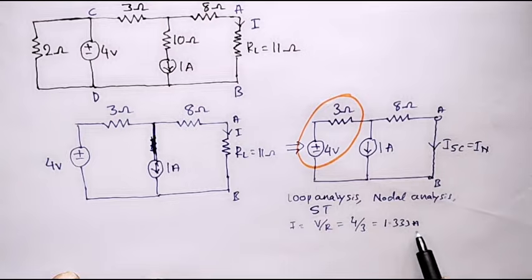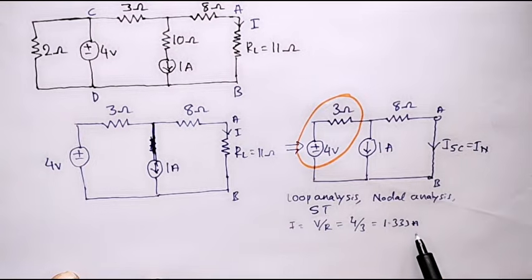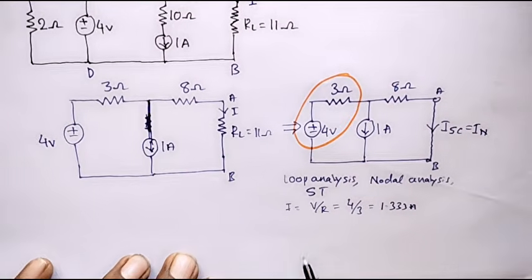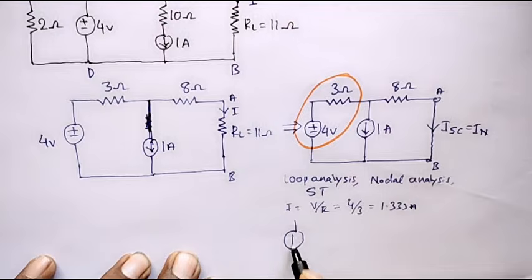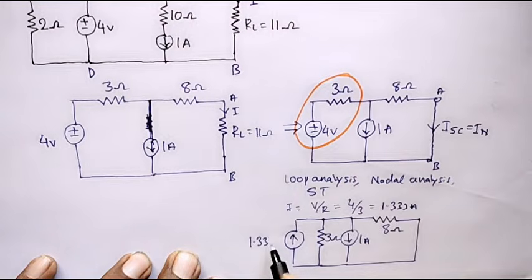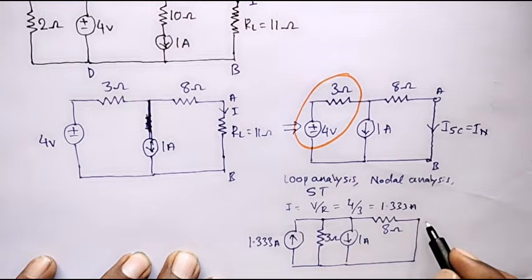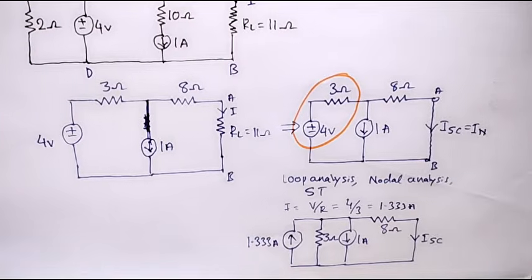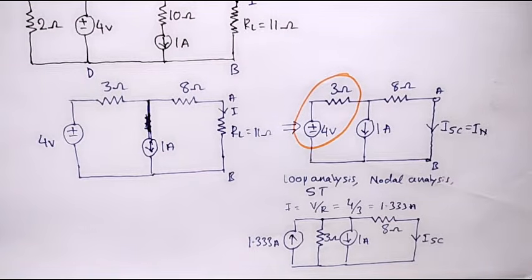So 1.333 amps is the magnitude of the current source. We'll redraw the circuit considering the current source. So now I have transformed the voltage source into a current source.